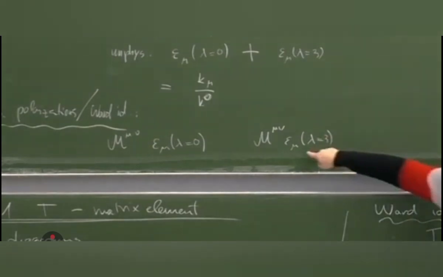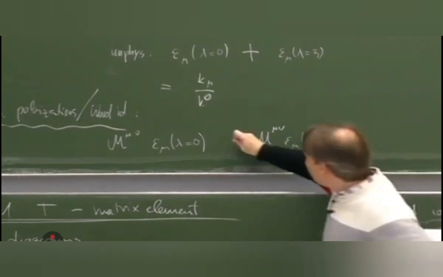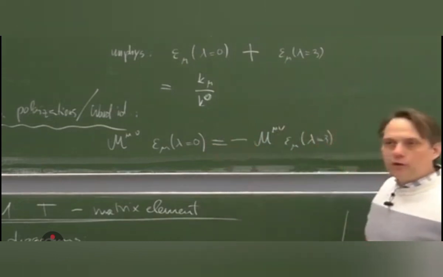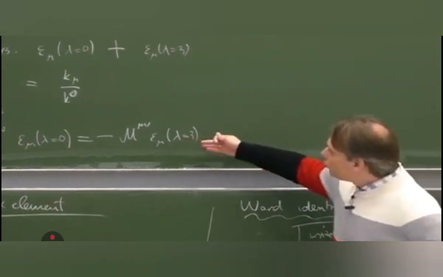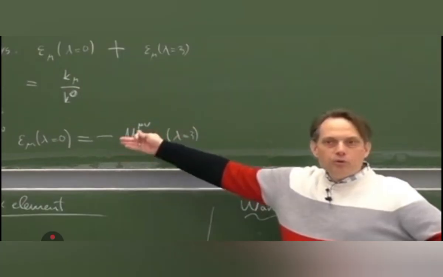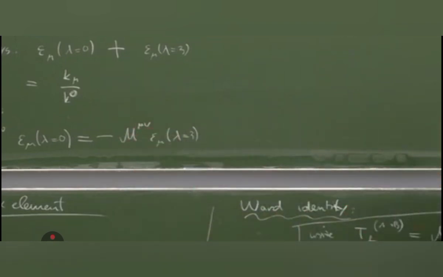The sum of the two gives k. Therefore, if I add the two, we get 0. In other words, one is the negative of the other one. So that is extremely important, and that allows us then in the final discussion to remove the unphysical polarizations from our discussion in a very transparent way. So that is first of all a relationship.